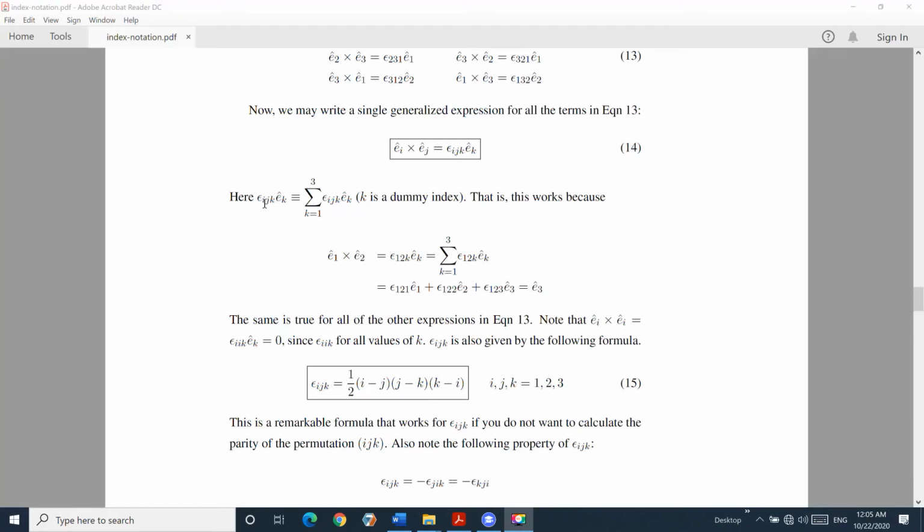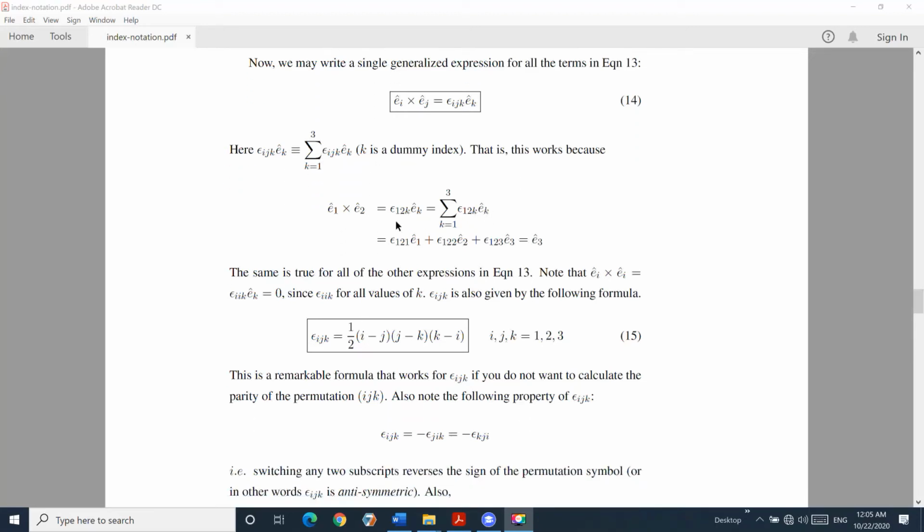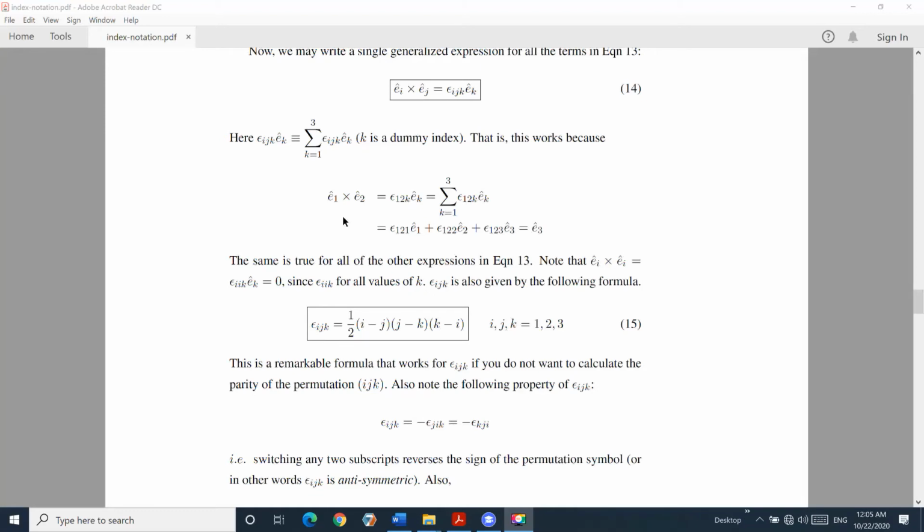Here k is the dummy index. For example, the cross product between E1 and E2 gives epsilon 1 2 k Ek.